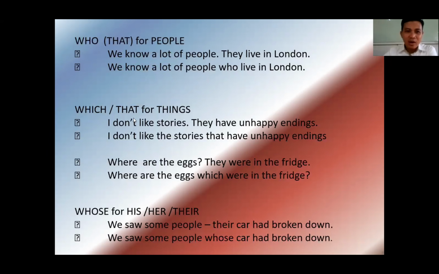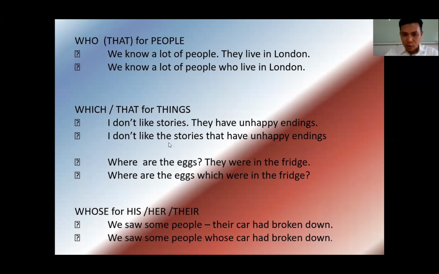Which or that for things. Two sentences or two clauses here. I don't like these stories. They have unhappy endings. We join them together: I don't like the stories that have unhappy endings. You don't need to put "they" again.